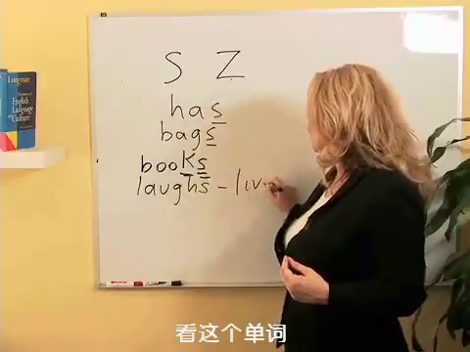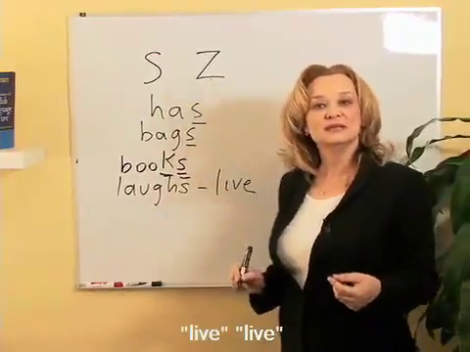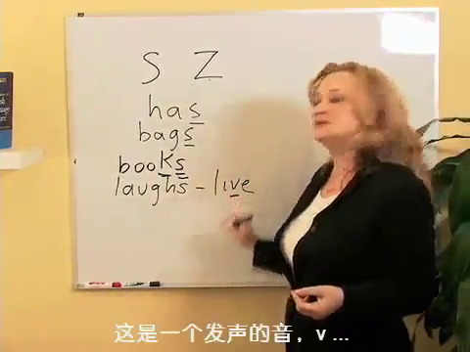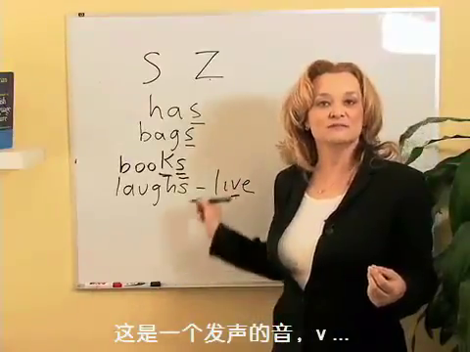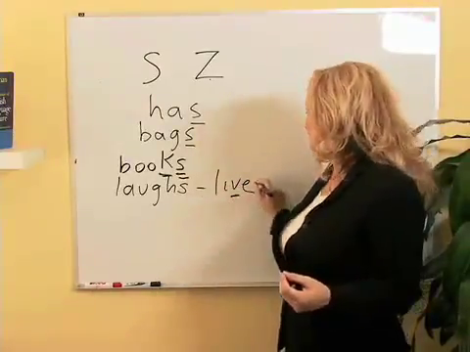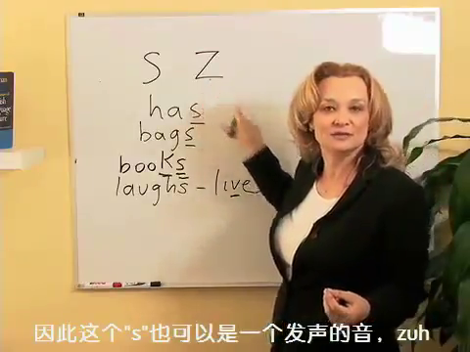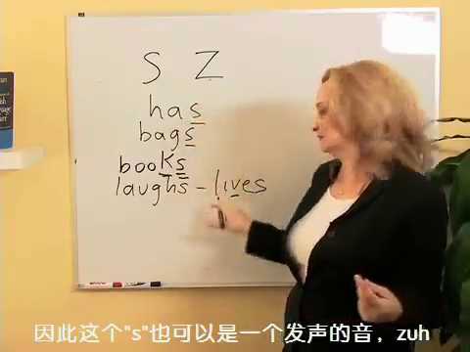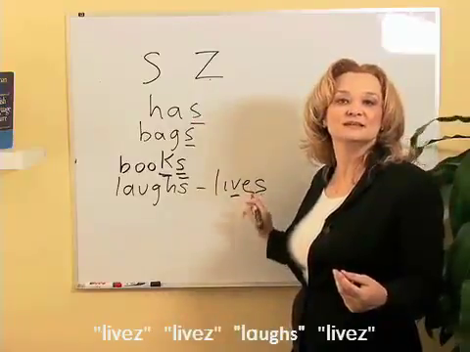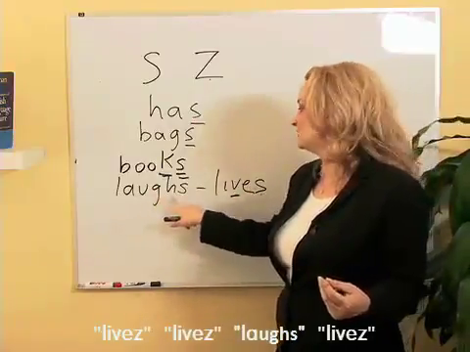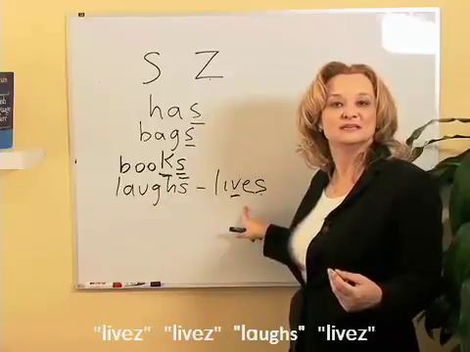Look at this word, "live." This is a voiced sound, v, v. Therefore, this S is also going to be a voiced sound, which is a Z: "lives." Laughs, lives.